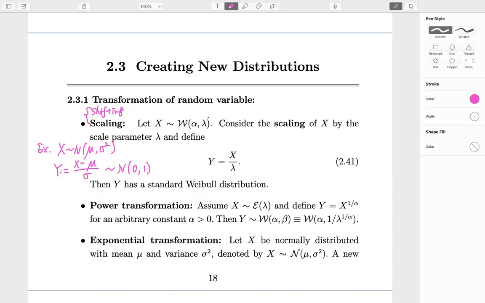This is so-called standardization. To create this new random variable y, I applied subtraction, which is shifting. I applied division, that is scaling. So I applied two techniques to get this new random variable y. Okay, so this is scaling.